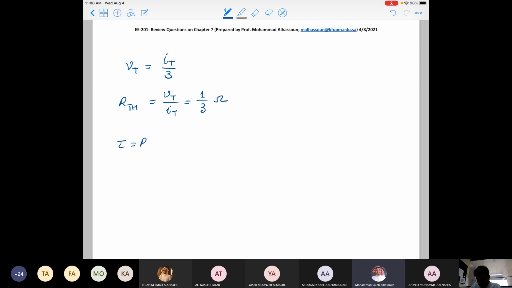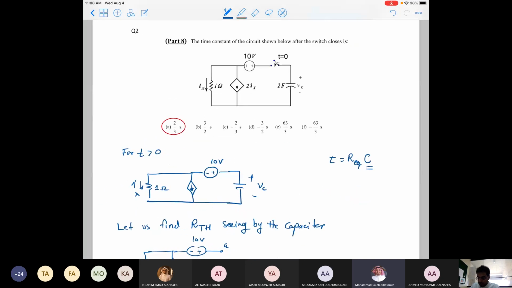So tau will be R multiplied by C. R is 1 over 3, C is 2, so it's going to be 2 divided by 3 seconds. And this is the solution.